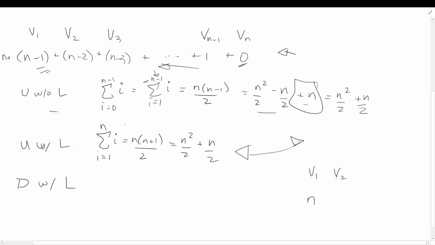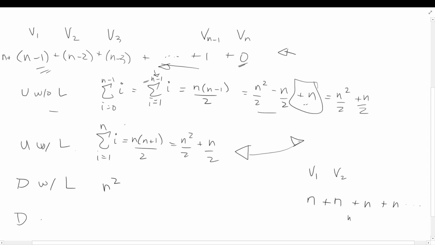V2 can be connected to itself and to every other node, and we've only counted the connection from V1 to V2, not from V2 to V1. So we can do another n. And we can continue with our n's here. So how many n's are there? There are n of them. We actually get a straight n squared for directed with loops.